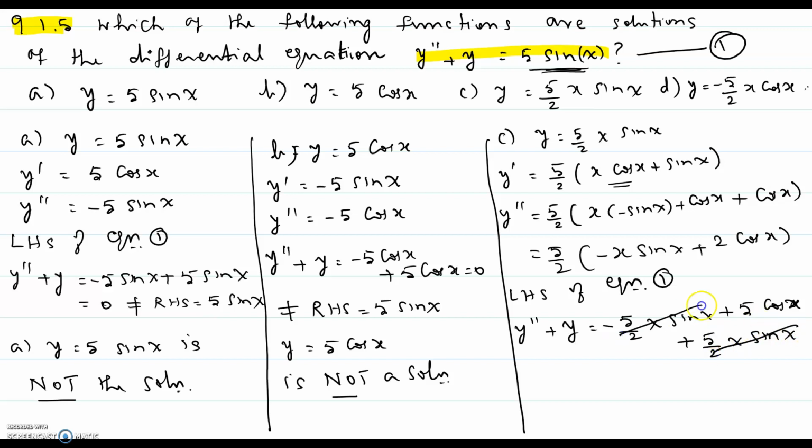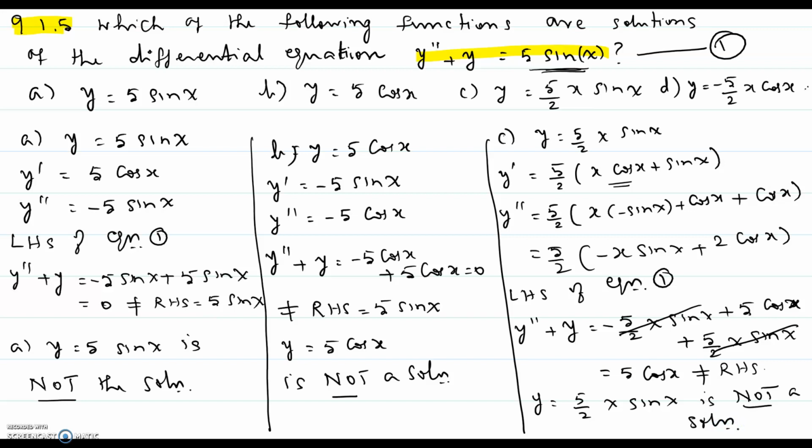So these two cancel out, but it results in 5 cosine x. Still it is not equal to the right hand side of the given equation, which is 5 sin x. So again you conclude that 5 halves x sin x is not a solution for the given equation.